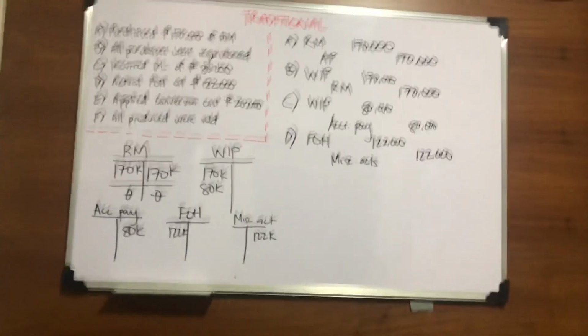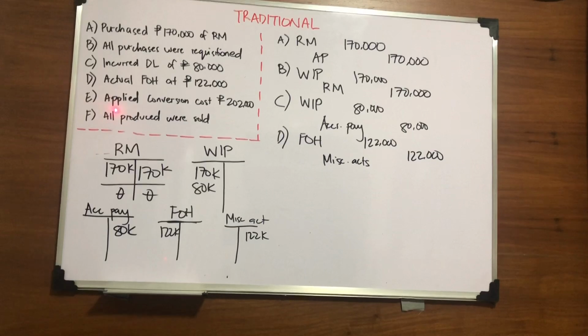So the next one also relates to the applied conversion cost. Applied conversion cost totals 202,000, which includes your direct labor of 80,000 and your actual factory overhead worth 122,000.